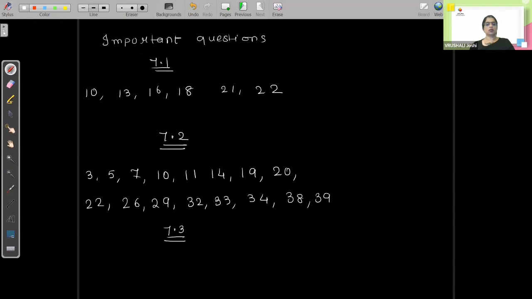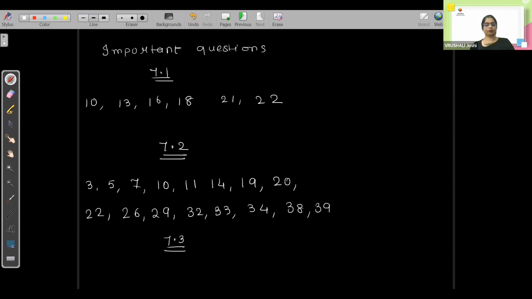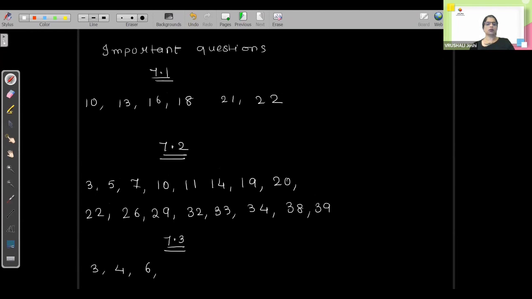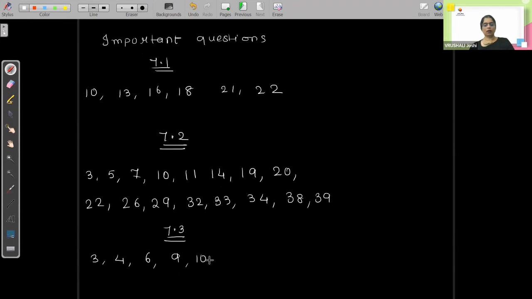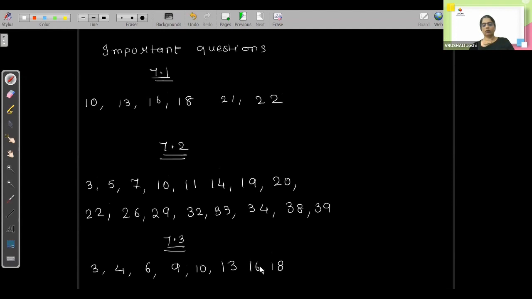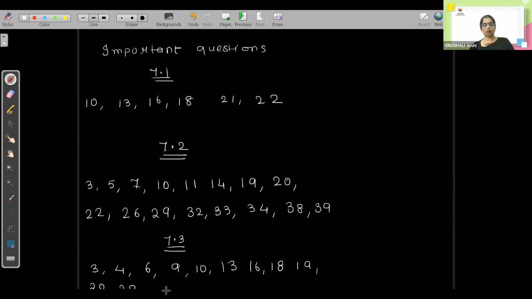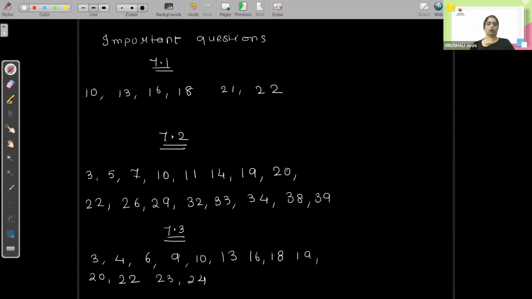That's going to be say question number 3, 4, 6. पैटर्न you have to check the pattern. आप खुद भी निकाल सकते हो important questions. अगर पैटर्न चेक करो तो 9, 10, 13, फिर 16, 18, 19, 20, 22. फिर MCQ तो सारे करने हमको 23 and 24.